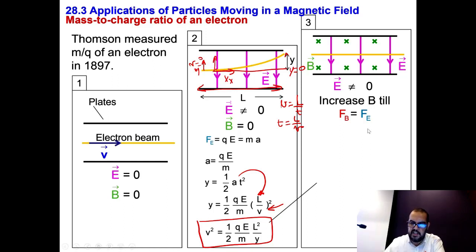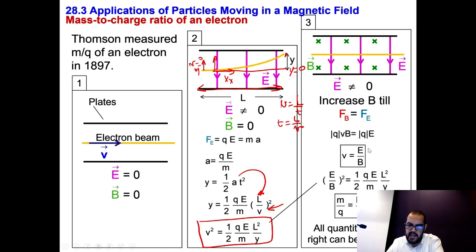So FB is equal to FE in magnitude, and I can write FB is qvB, FE is qE, so the q's will cancel and I obtain v is equal to E over B. So I take the square of this and make it equal to this.